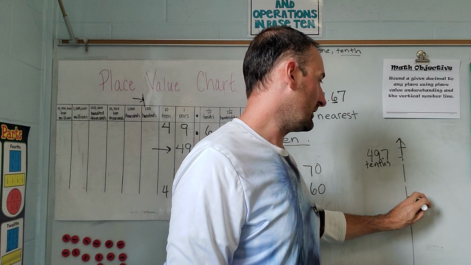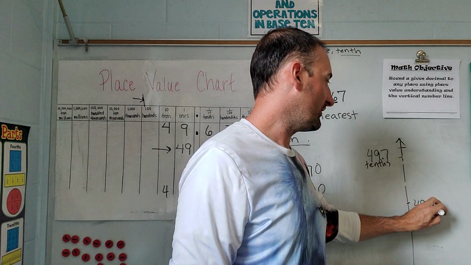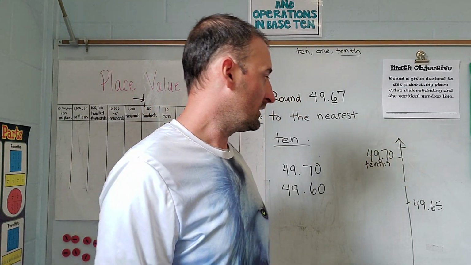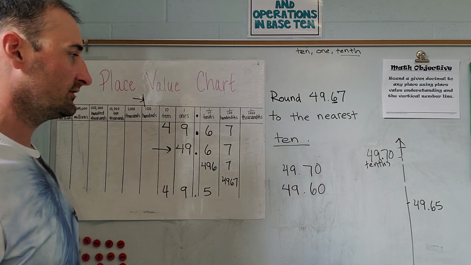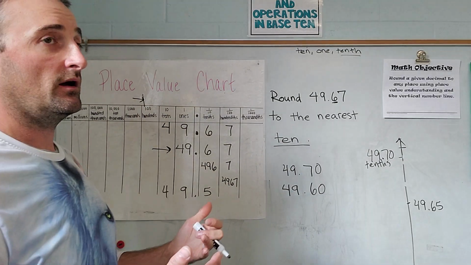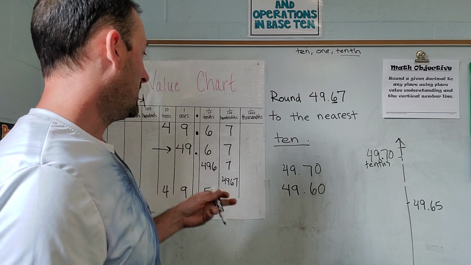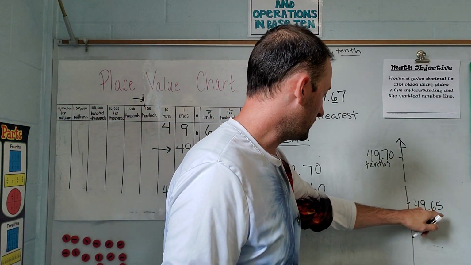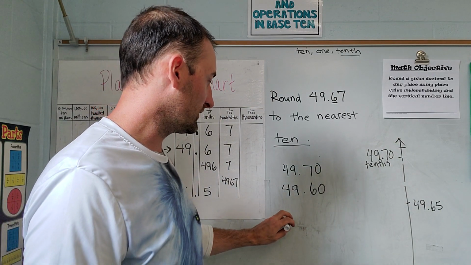So 49.65 is going to be our midpoint between these two numbers. Now we're rounding to the tenths place, and we need to see if our number is above or below the midpoint. Our number is 49.67. This number is 49.65. So let's compare them.